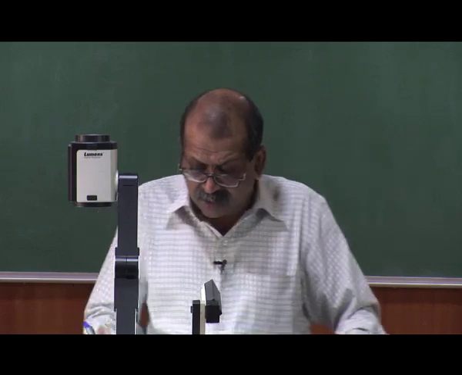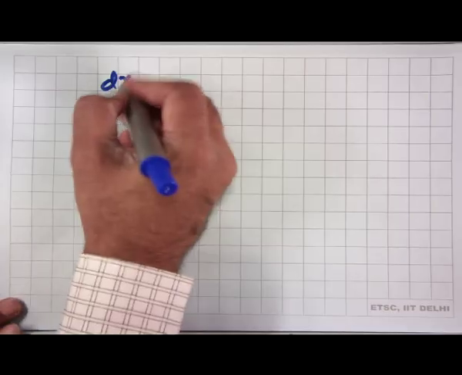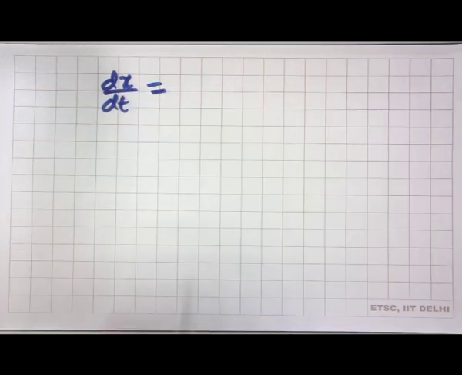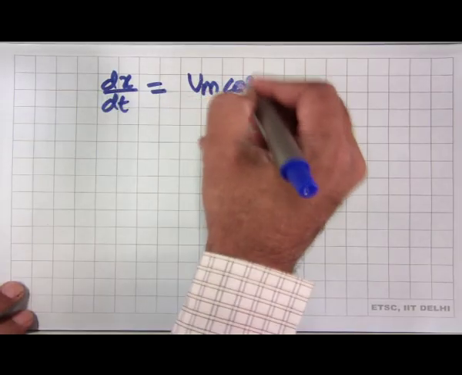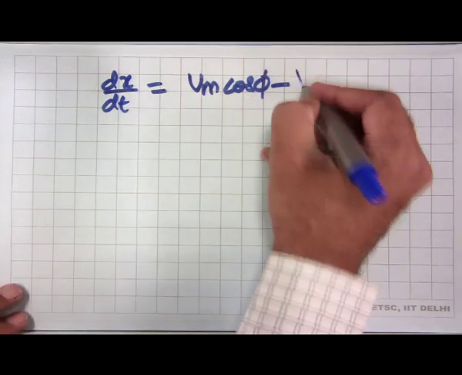Therefore, we can write dx by dt, which is the separation in the x distance in the aircraft frame of reference, as Vm cos phi minus Va.